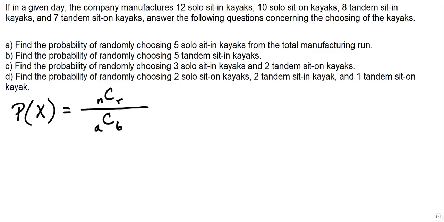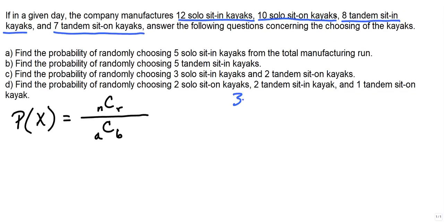So let's remember that we have a total of 12 solo sit-in kayaks, 10 solo sit-on kayaks, 8 tandem sit-in kayaks, and 7 tandem sit-on kayaks. So what we want to do is go ahead and add that up, and that means that we have a total of 37 kayaks.